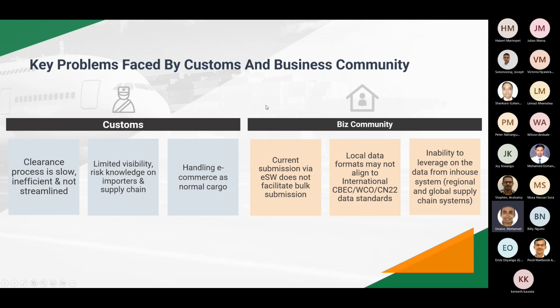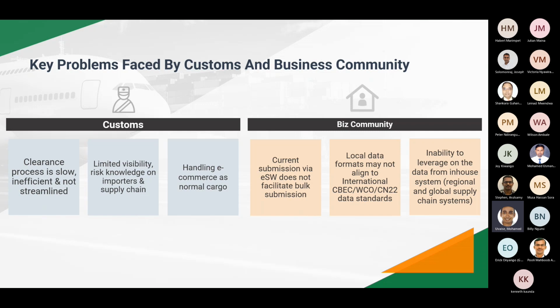Without much further ado, let me cover some of the key problems that would potentially be faced due to e-commerce shipments. If we look at customs, one key problem is that the clearance process could be inefficient or a bit slower because of the high volume. It may not be a streamlined process if we adopt traditional methods of clearance.